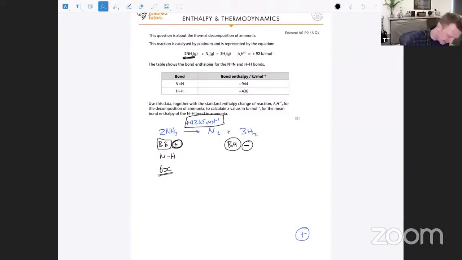So that's 6x. Over here, we've got 1 nitrogen, so that's going to be minus 944, because we're bond making here. I've just flipped the sign of this. And also minus, we've got 3H2, so that is 3 times 436.